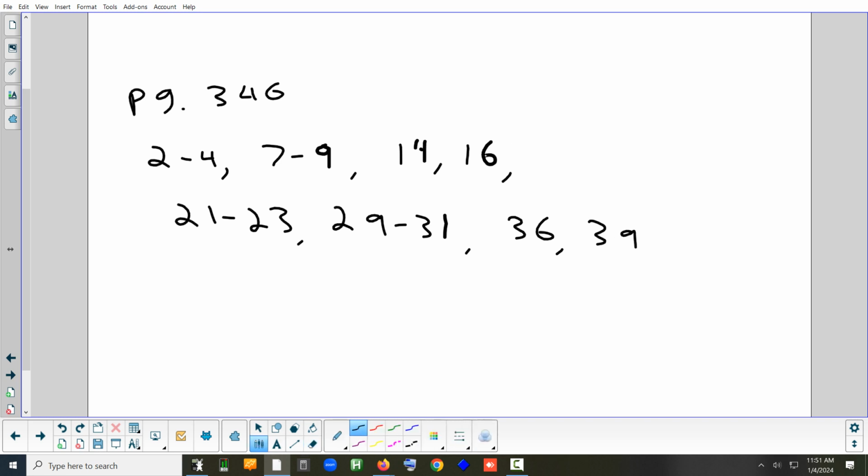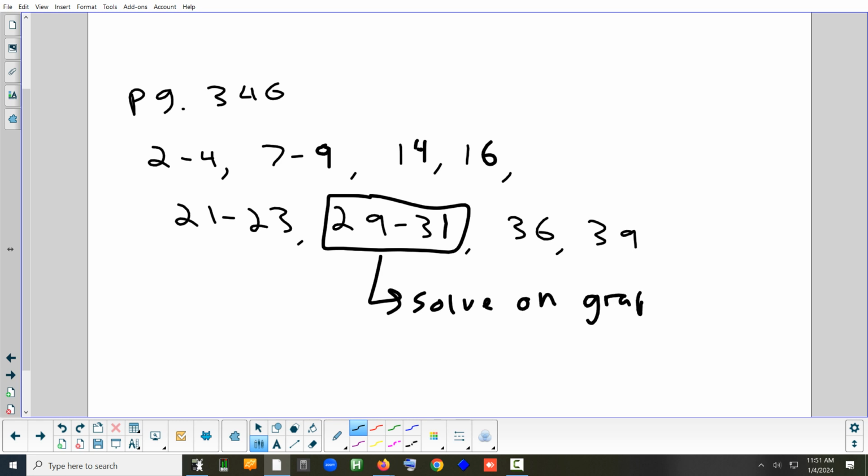So 14, 16, and 18. Okay, for 29 to 31, you don't have to do what they're saying. They're what we just did on the graphing calculator. You do need a graphing calculator though. So solve on graphing calculator. And yeah, everything else looks good.